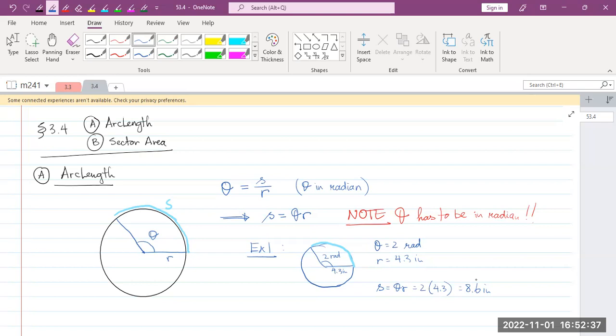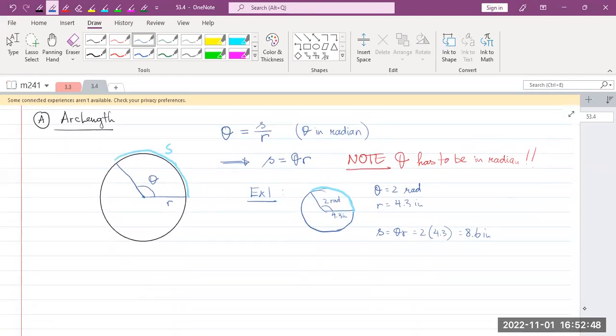Then what happens if the angle is actually in degrees? Well, if the angle is in degree, then convert that to radian first. Another example. Let's say we have a pizza.